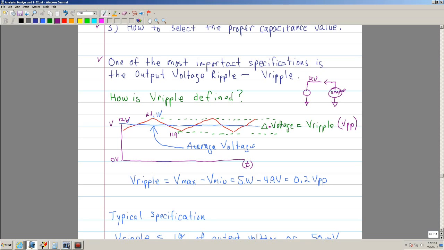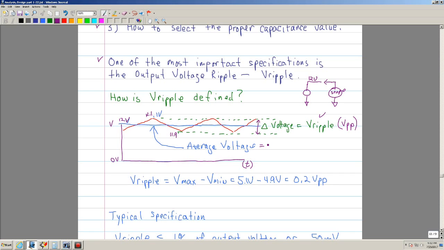Well, this delta in voltage is your ripple voltage. Now keep in mind this blue line is the average voltage.